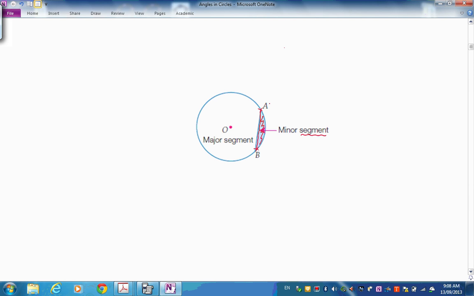Over here you have created a bigger segment of the circle by cutting it with our chord, and the bigger segment is called the major segment. So we're getting a lot of words together just so we can talk about our circle and parts of it easily and neatly without drawing lots of diagrams.